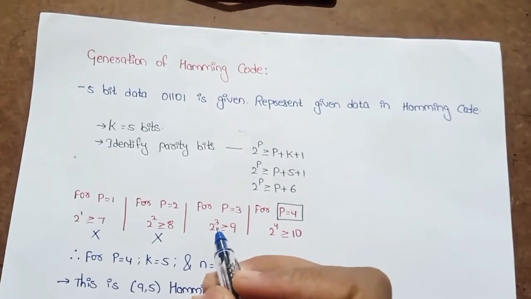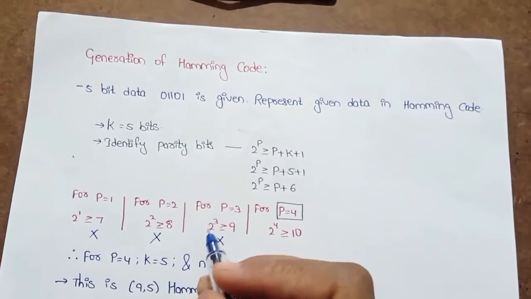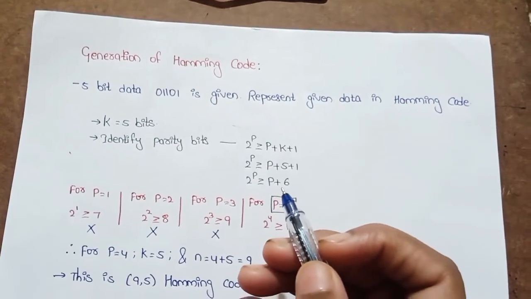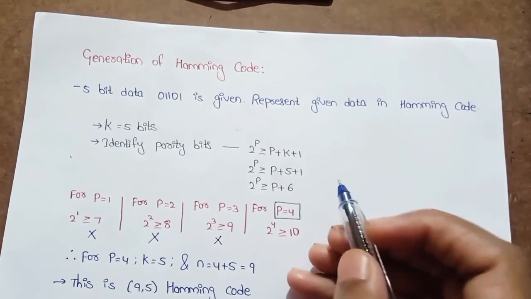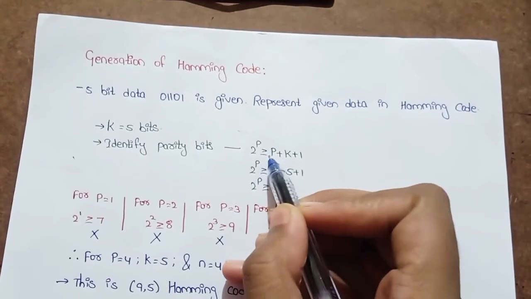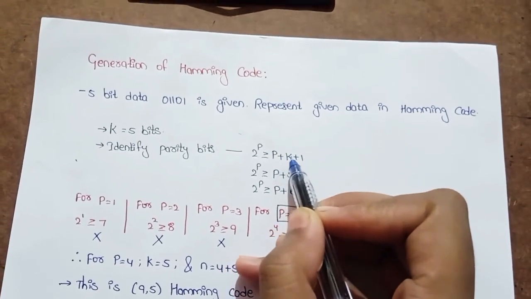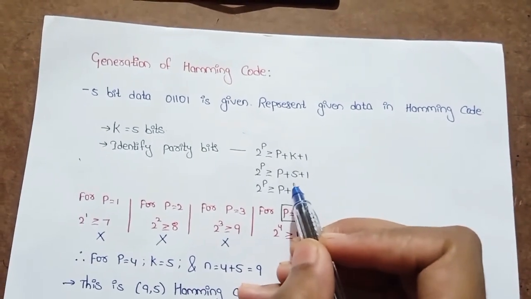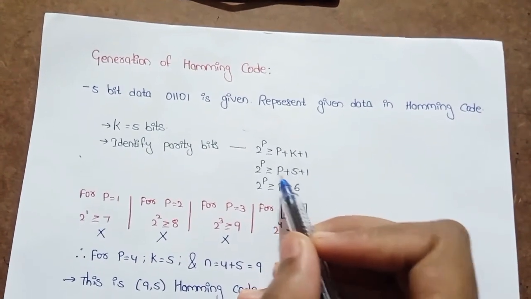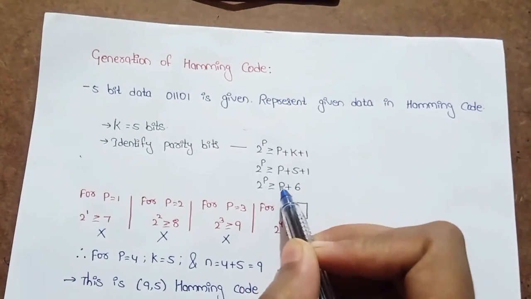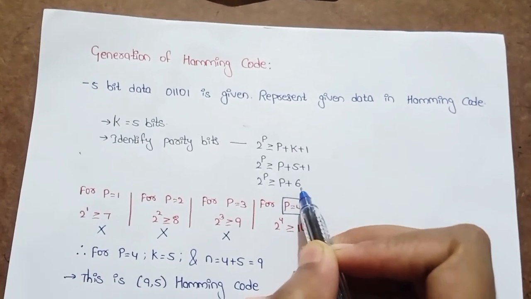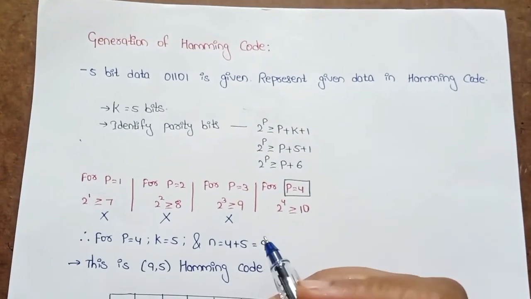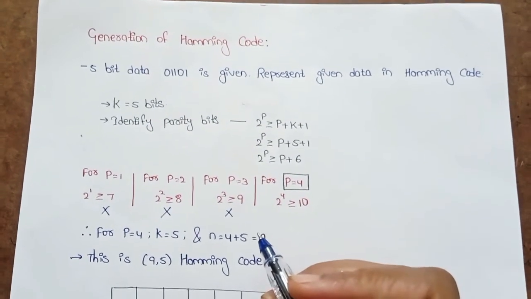So, parity bits are identified with the basic relation as I explained in my previous lecture, that is 2 power p greater than or equals to p plus k plus 1. Over here k equals to 5. So we can say 2 power p is greater than or equals to p plus 6. So this is the basic condition which we need to satisfy.